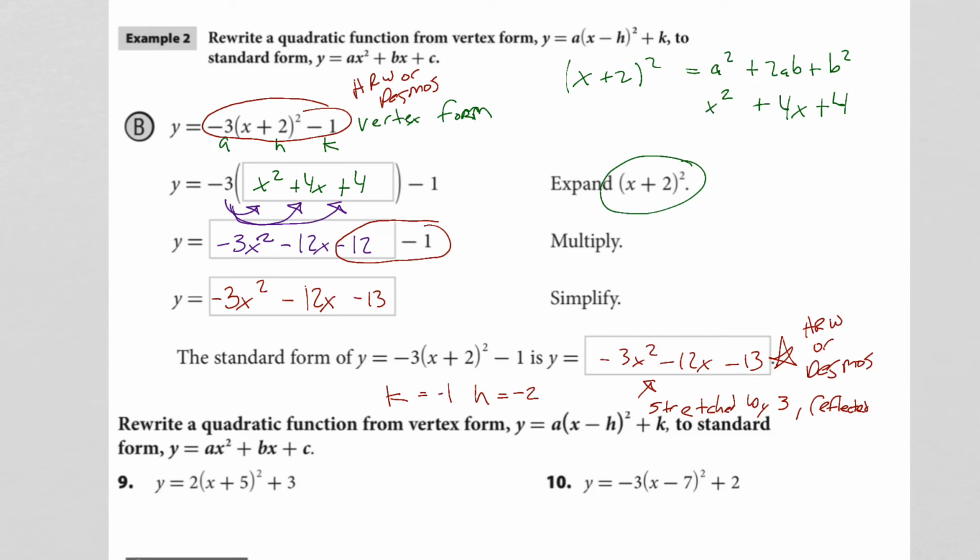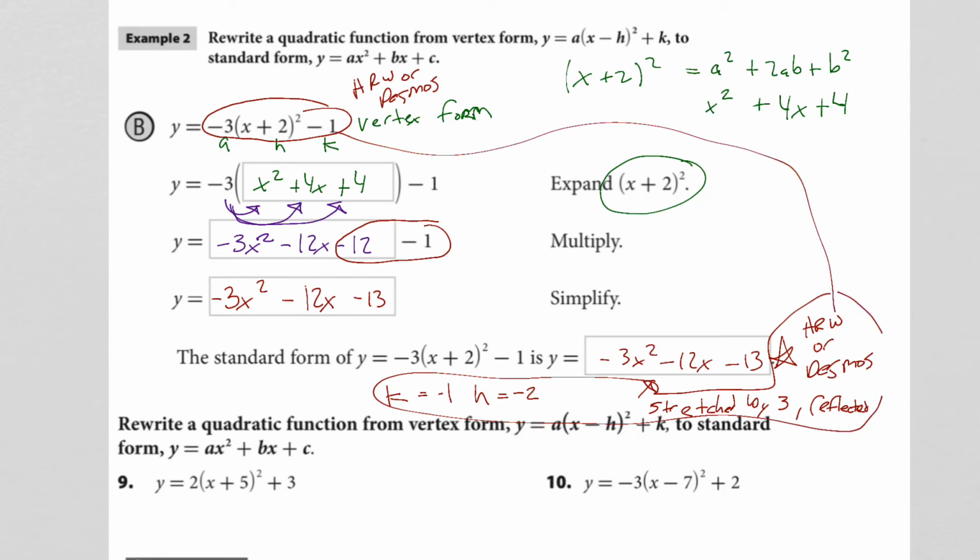I think this is a good exercise if you have time to graph both things. Ideally, you should see that they are the same graph. And why is that important? Because standard form and vertex form are just two different ways to show the same parabola. So I think that understanding is critical.